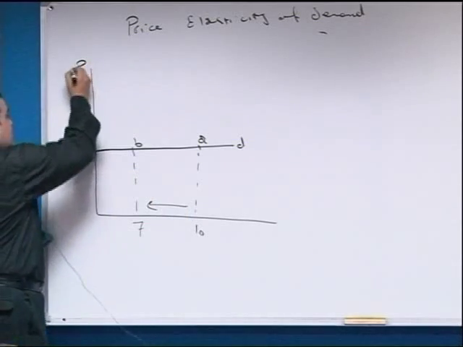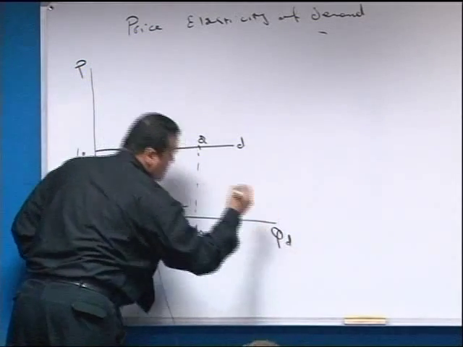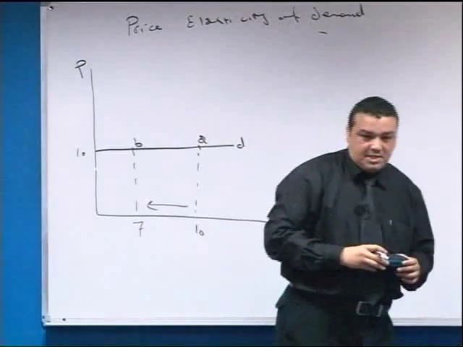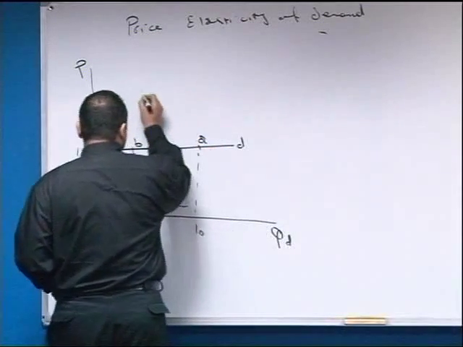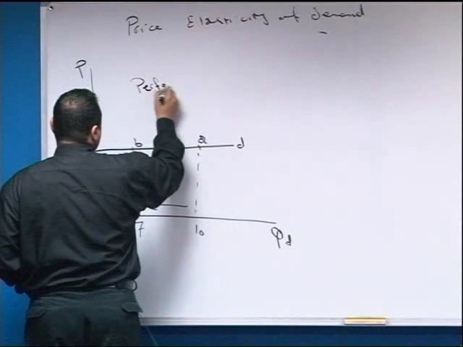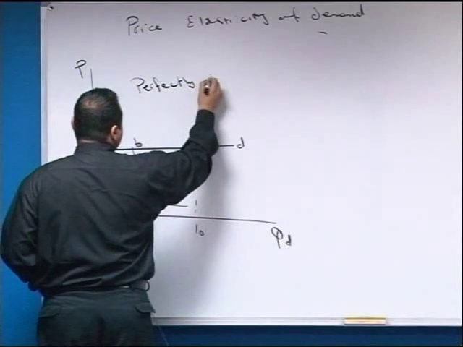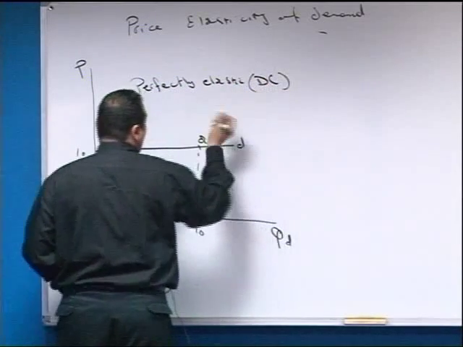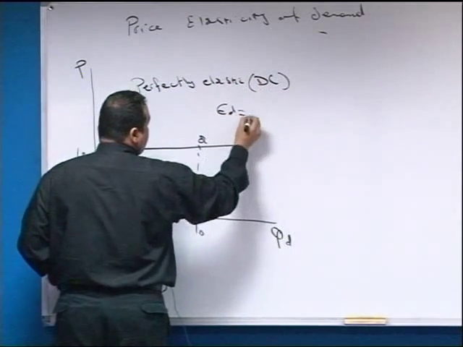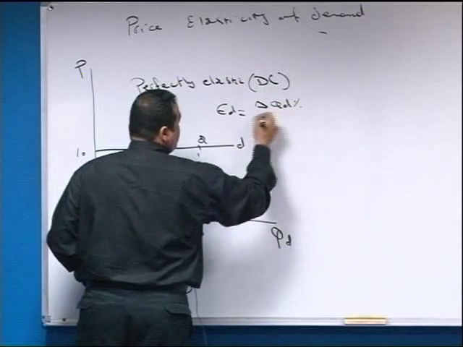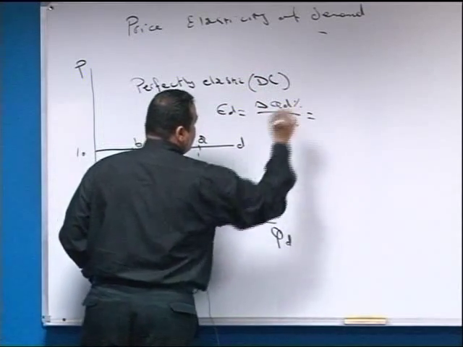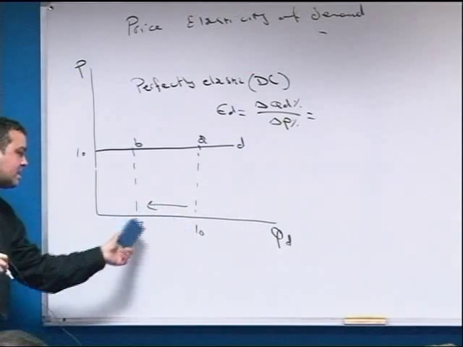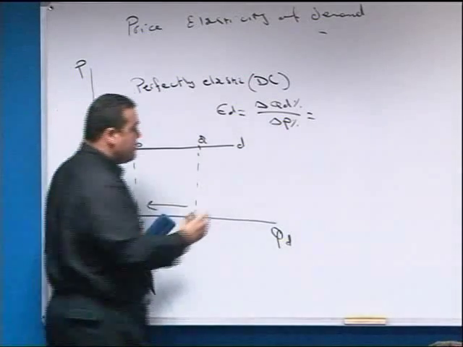This is the price, QD. ED equals infinity, so this is the perfectly elastic demand curve. Why? Because ED equals percent delta QD over percent delta P. The percentage change in the quantity demanded is minus 30%.